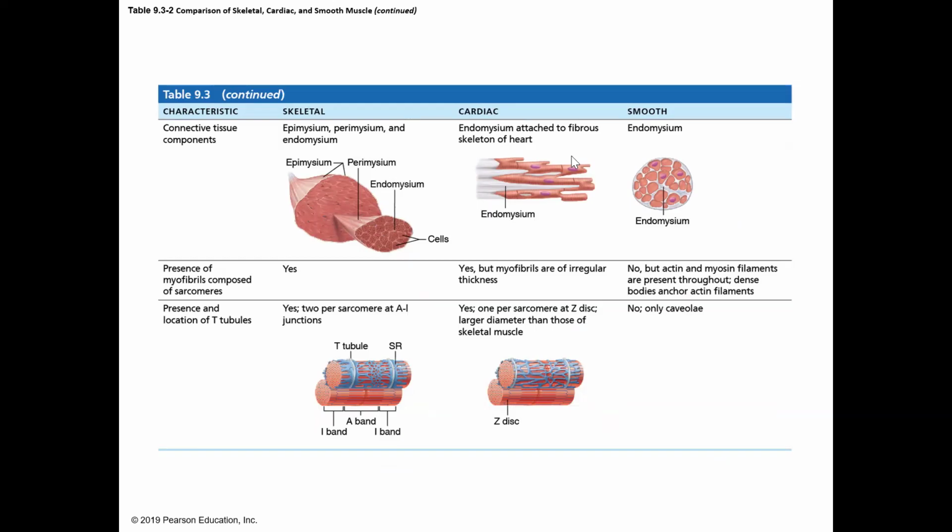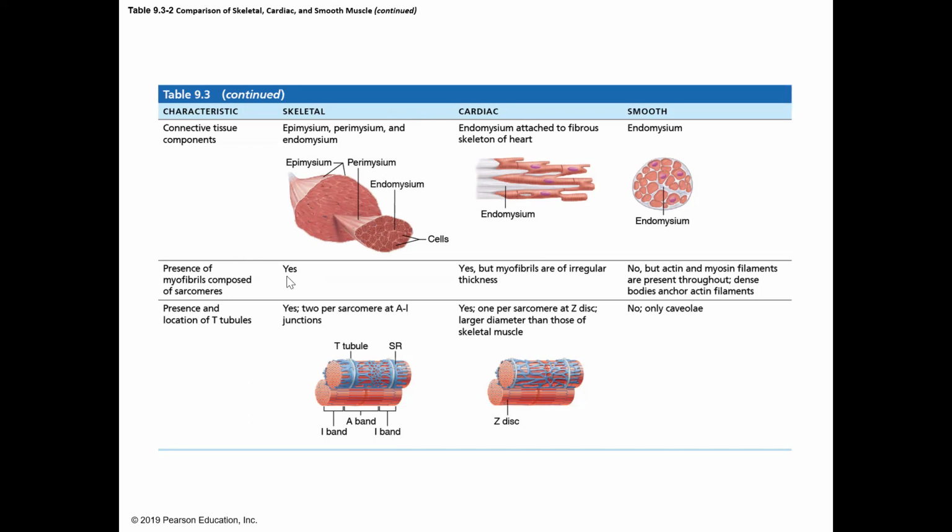All right, comparing the three muscles, you can see you have the outer connective tissues, epimysium, perimysium, endomysium, in skeletal muscle, whereas in cardiac, you only see endomysium. For smooth, you only see endomysium. Is there a presence of myofibrils composed of sarcomere?